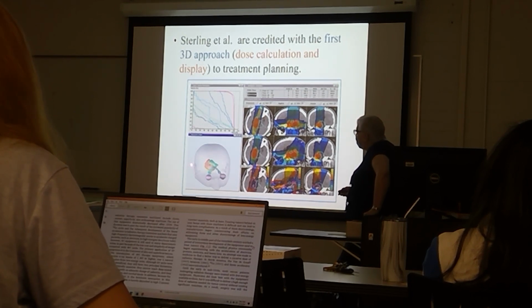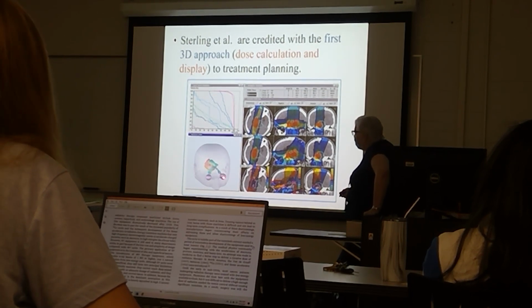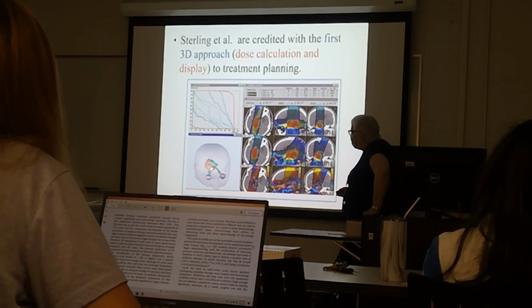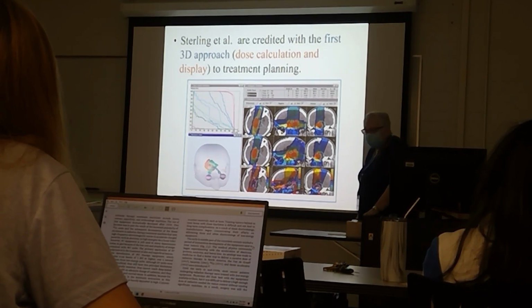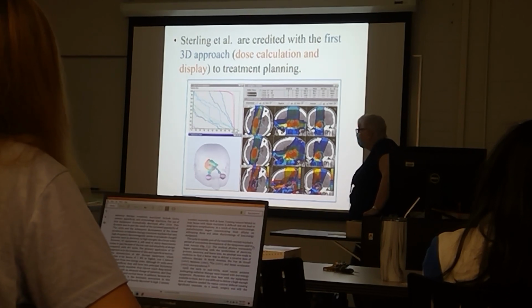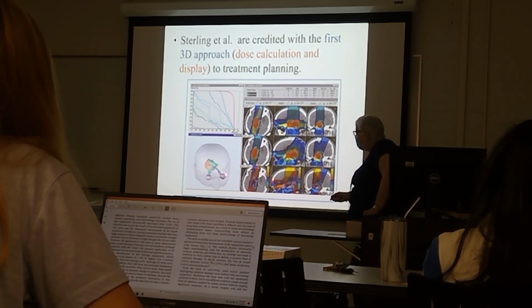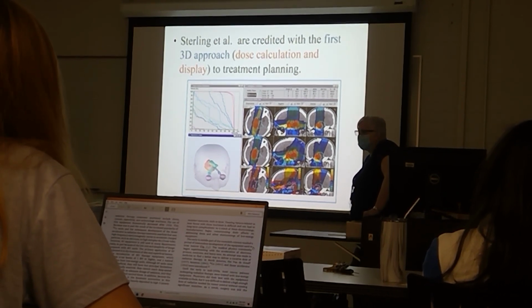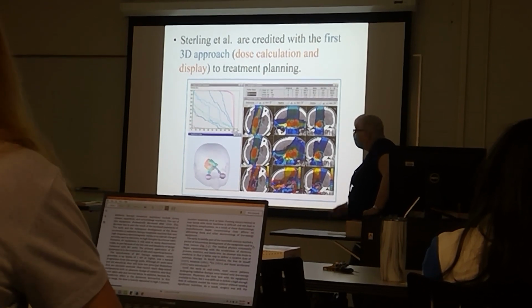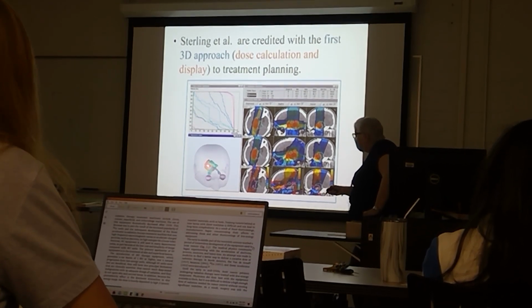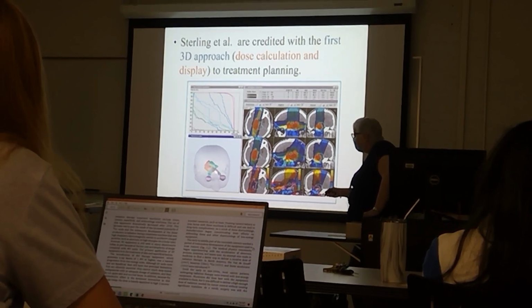So in this diagram, what do we see here? Eyeballs. The eyes, yeah. What are these? No, the optic nerves. This is the optic chiasm. These are the nerves.